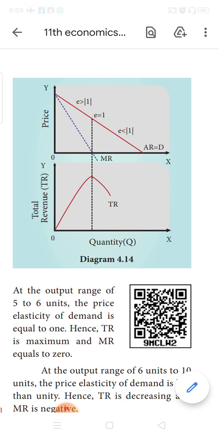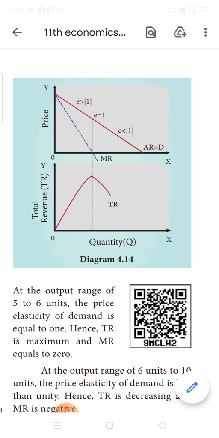When you look at the first diagram, the diagram on the top, you have the AR curve and the MR curve. In the diagram below, the total revenue curve is drawn. The AR curve, average revenue, is a downward sloping curve because the price is declining.